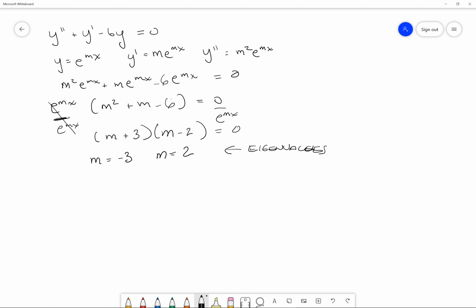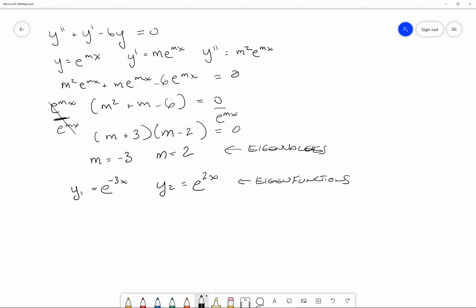So we have two particular solutions: y1 is e to the negative 3x, and y2 is e to the 2x. These are the particular solutions, and these are the eigenfunctions.